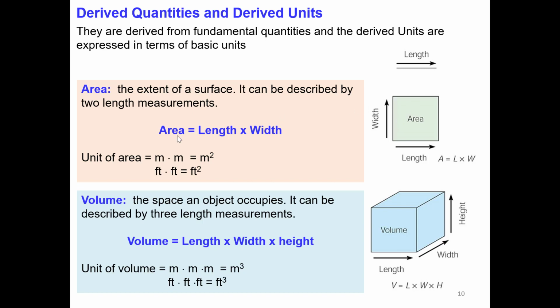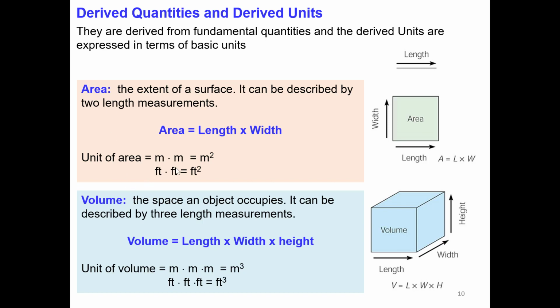The area can be described by two length measurements. Remember, the area is length times width. Basically, it is the multiplication of two lengths. In this case, the basic property is the length, and the derived property is the area.